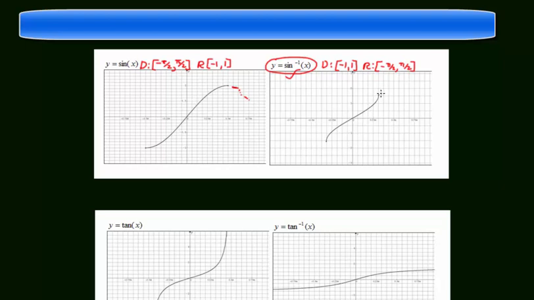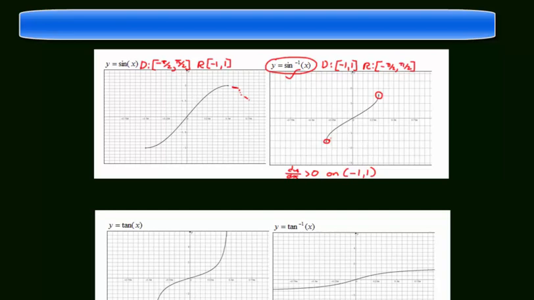The exceptions are going to be at these endpoints where the slope is actually approaching just positive infinity. So underneath here, I want to write that dy dx is greater than 0 on -1 to 1. And we can see that from the graph.